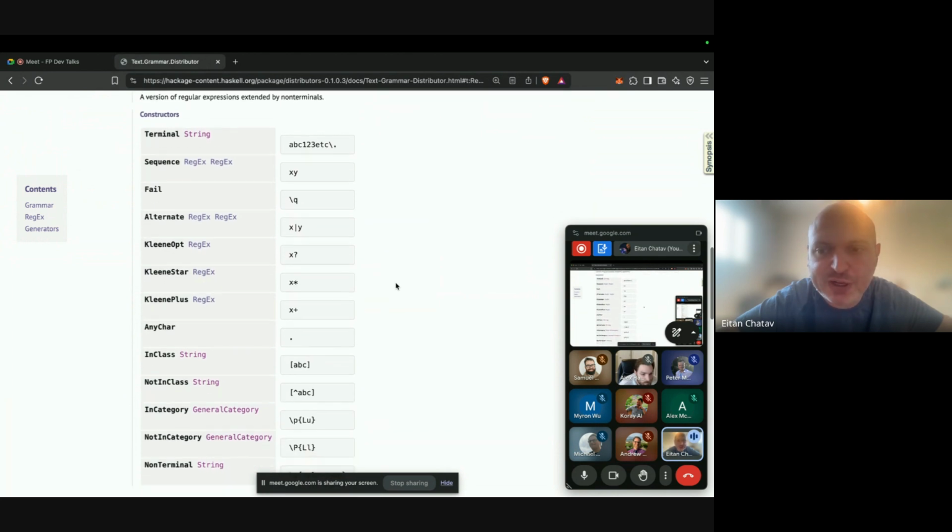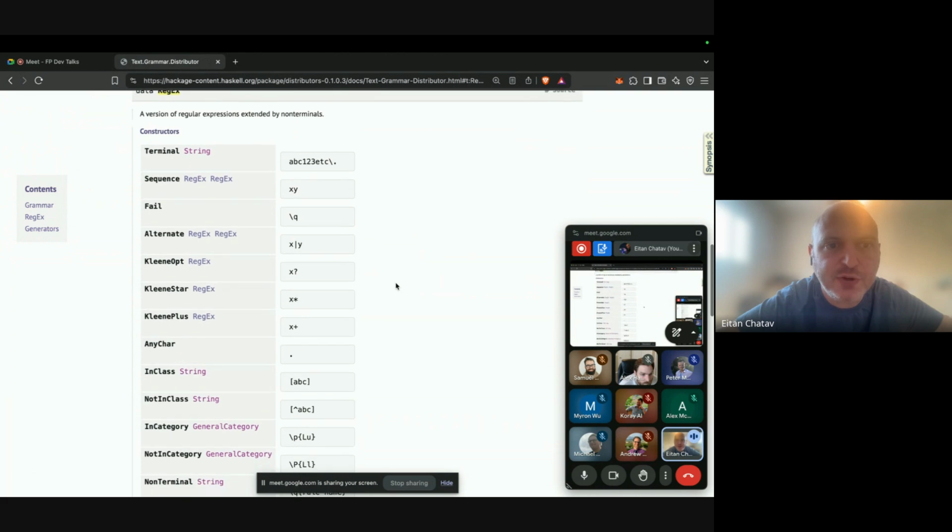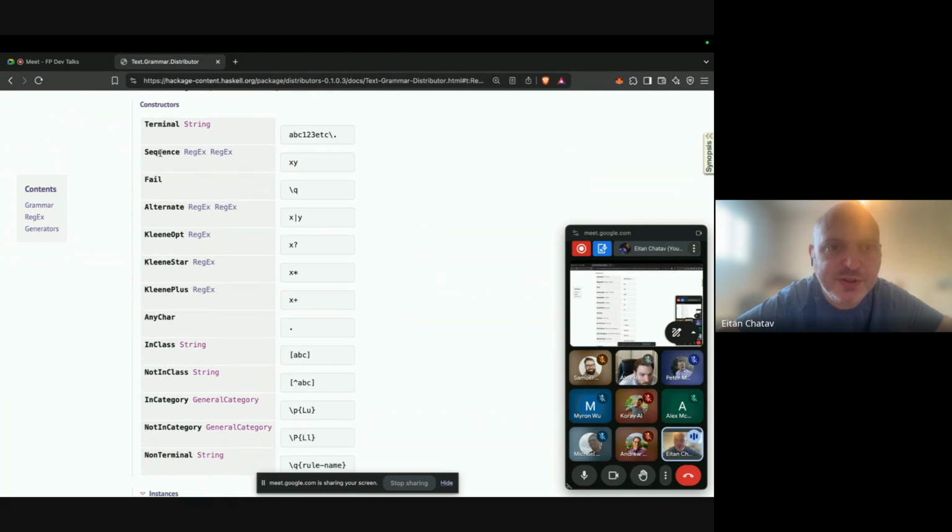Here's our abstract syntax tree, our AST, for regular expressions. It has terminal. Sequence is one of these binary constructors. Alternate is another binary constructor. Okay, and we have unary constructors: Kleene optional, Kleene star, Kleene plus. We have the wildcard character dot. We have in class, which is with square brackets, not in class, which is square brackets with the caret.